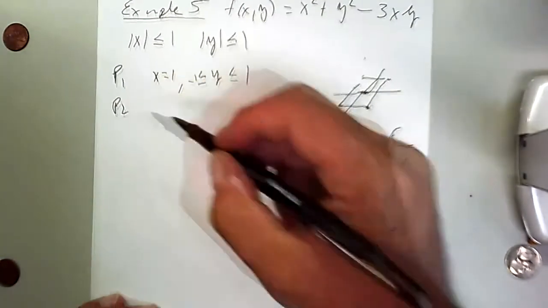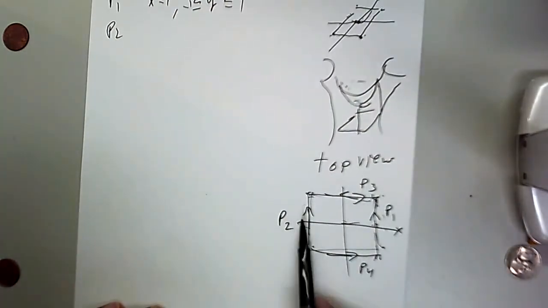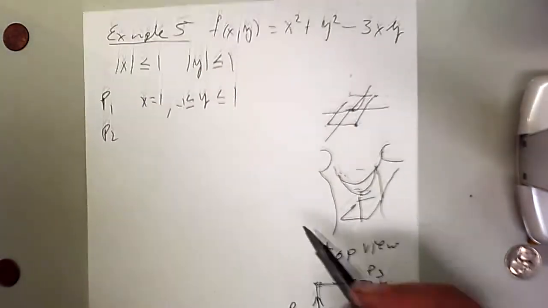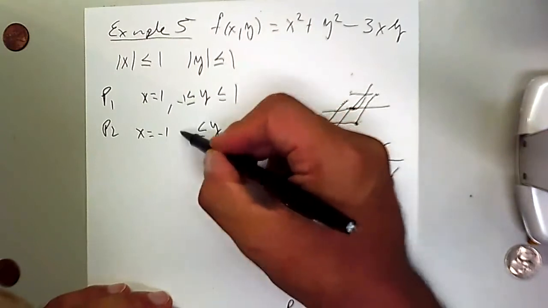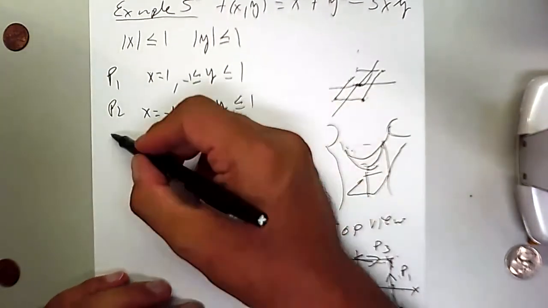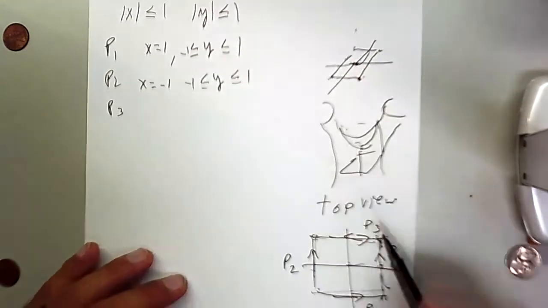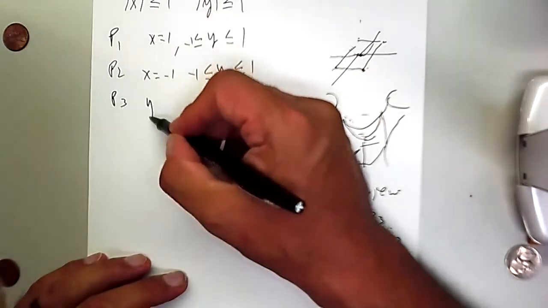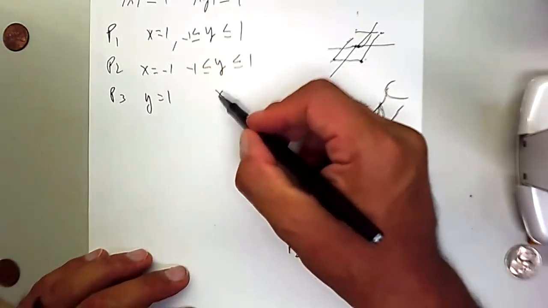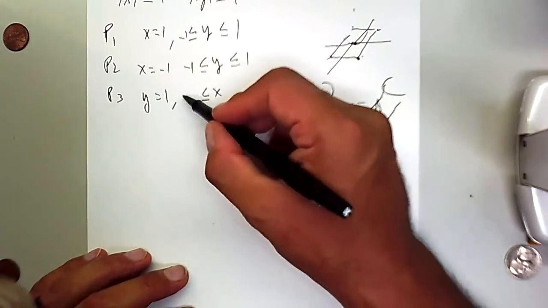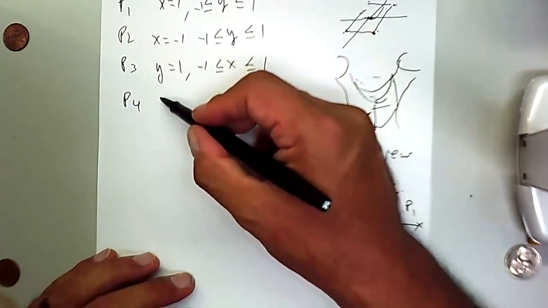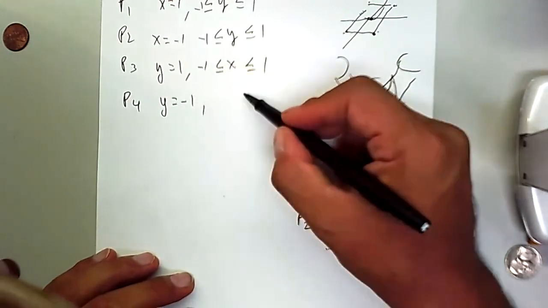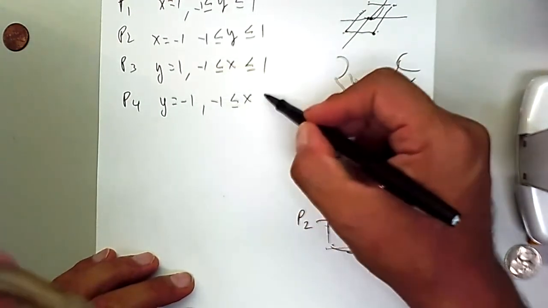Path 2, which I'm labeling path 2 as this, but that was arbitrary. X is negative 1, and y goes from negative 1 to 1. Path 3, y is going to be 1, and x ranges from negative 1 to 1. And path 4, y is negative 1, and x still ranges from negative 1 to 1.